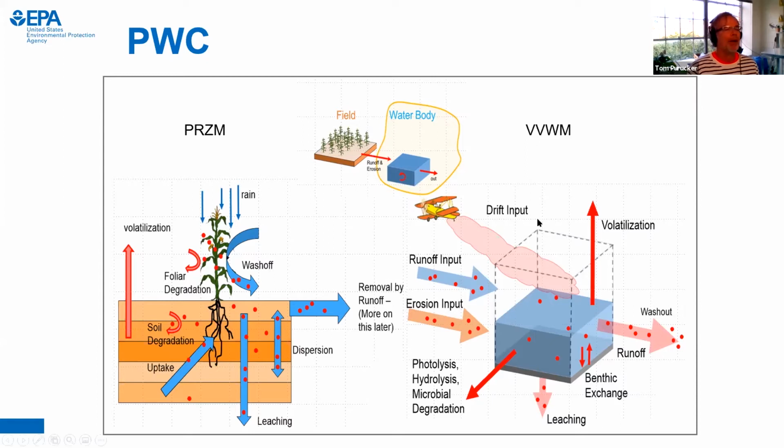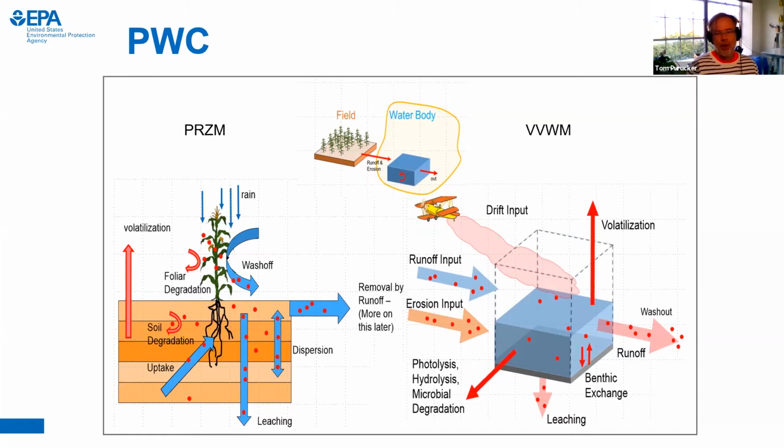This PRZM piece on the left is essentially a one-dimensional transport model where you have vertical movement of water through the different soil compartments, and the soil water contents in the columns is calculated from the amount of infiltrated water from above. And then if you get any exceedances of the field capacity, you'll get a horizontal flow into the next compartment, or you also get a runoff calculation.